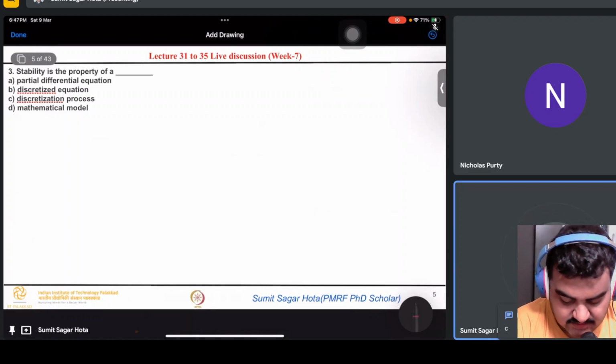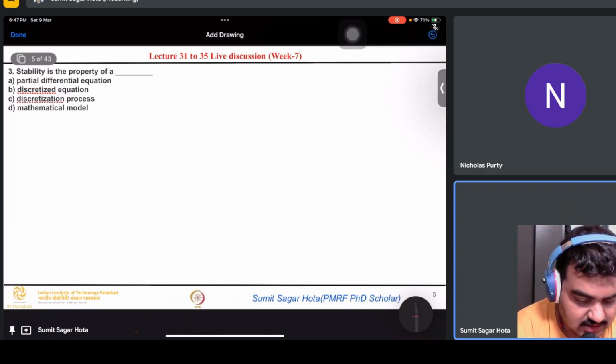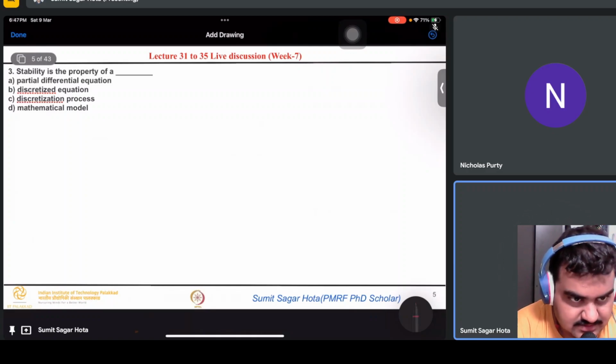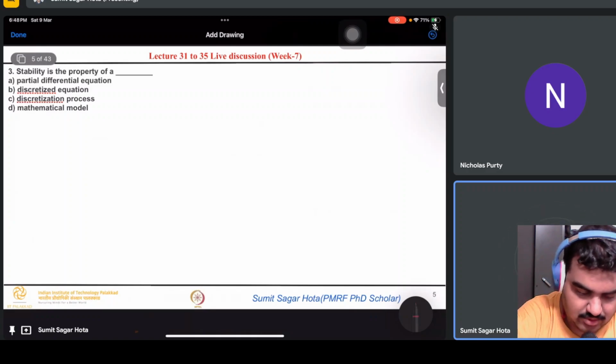A partial differential equation, discretized equation, discretization process, or mathematical model. Stability is always a property of an equation, and more specifically of discretized equations. Not a process, it's an equation. Stability is a property, and a property cannot be a process.